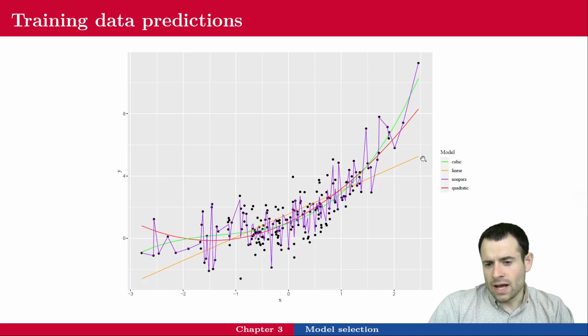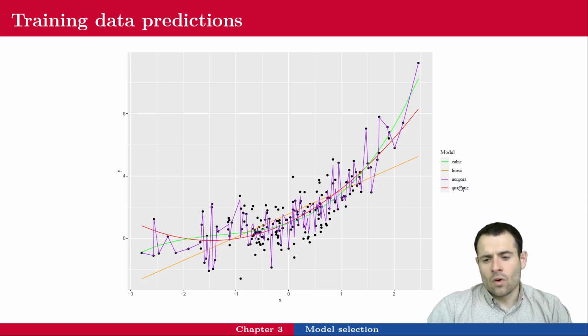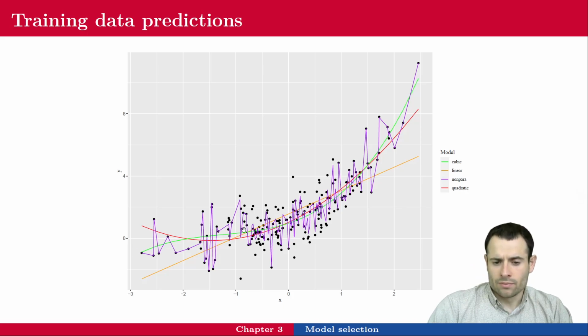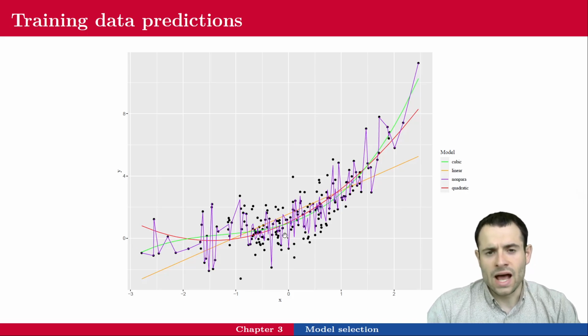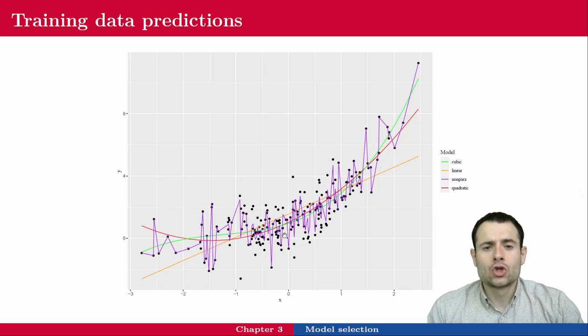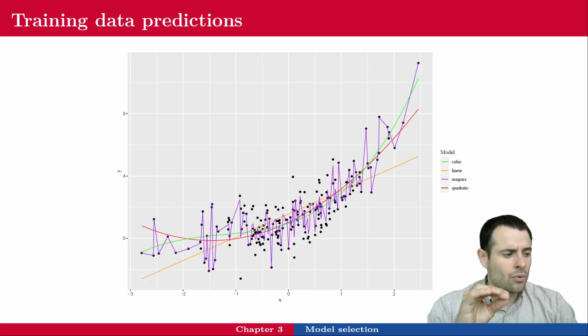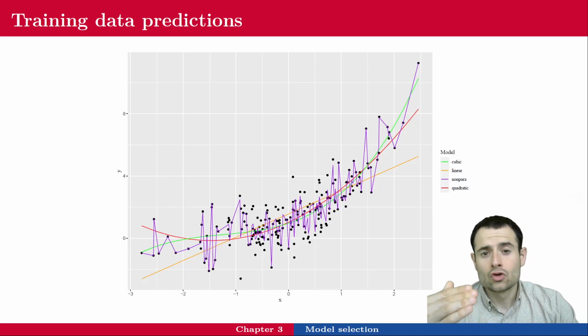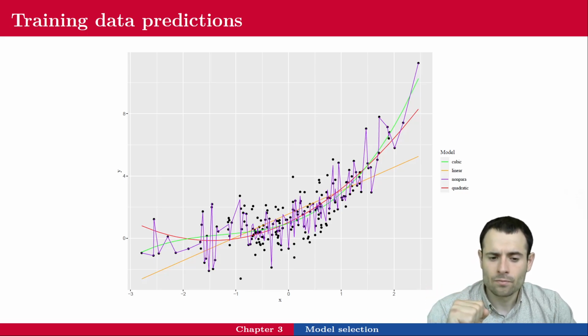So I mean by that I'm taking the same intercept and slope of the cubic, linear and quadratic relationships. And I keep the same parameters for the non-parametric method. Non-parametric methods feature what we call tuning parameters, which are parameters we need to adjust to increase or decrease the flexibility.